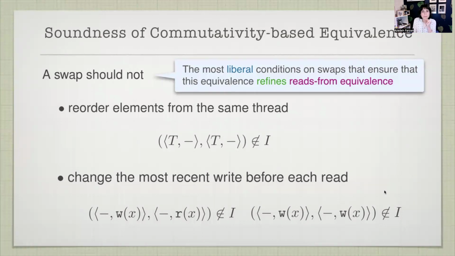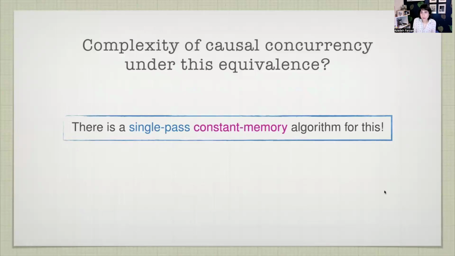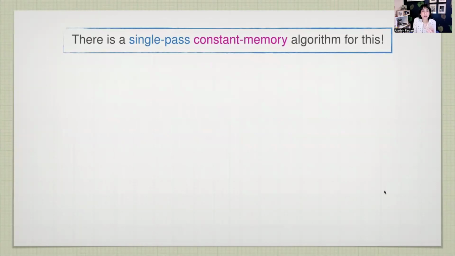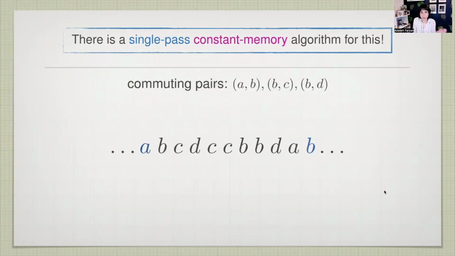Based on this notion of equivalence, you can have a true streaming, constant-memory way of checking for causal concurrency. This is in some sense a known result, but it is folklore. No one really knows who first mentioned it. I'll give you a very simple algorithm, not the best one and not the only one.